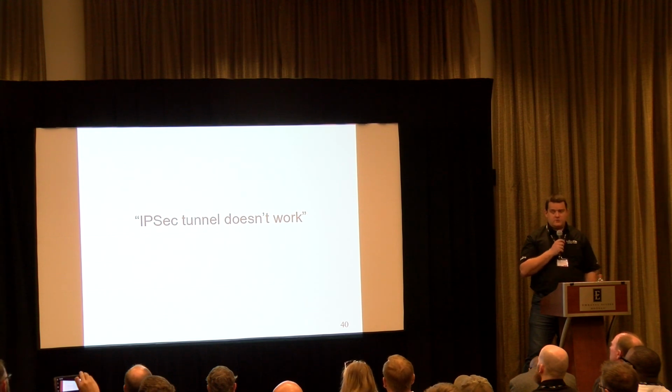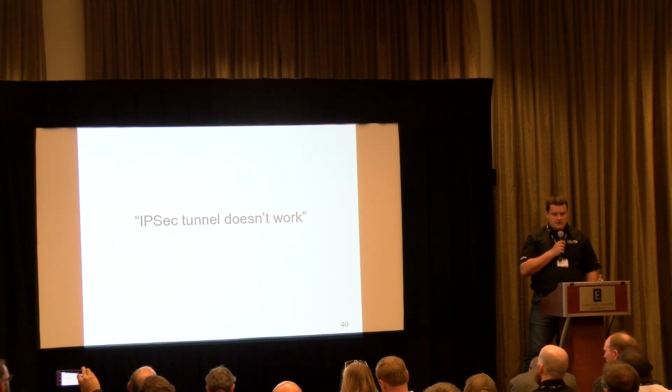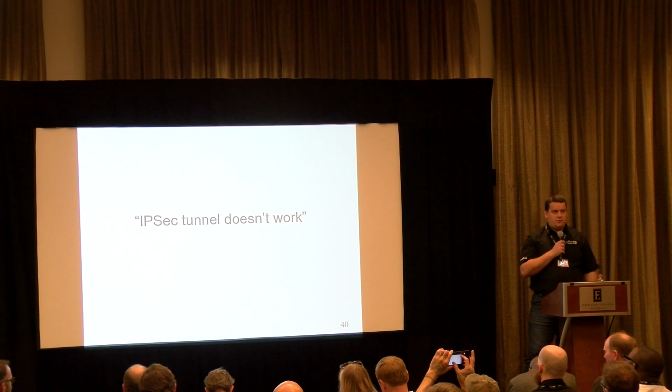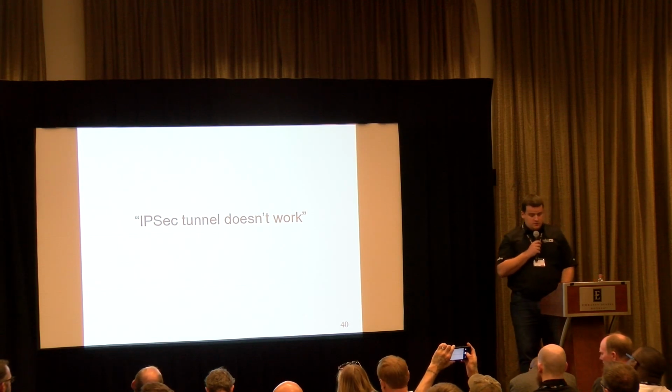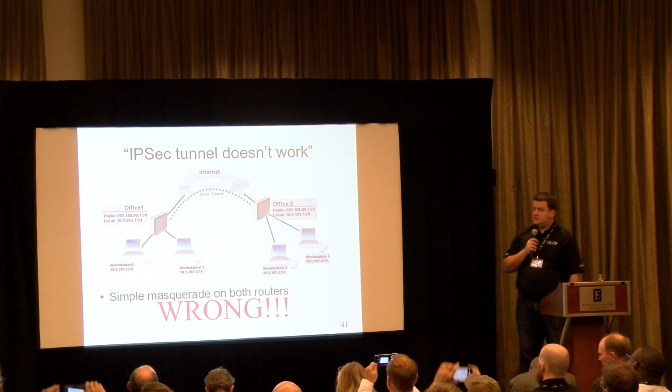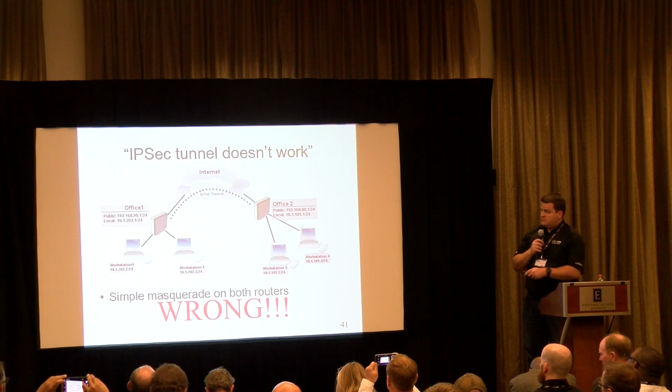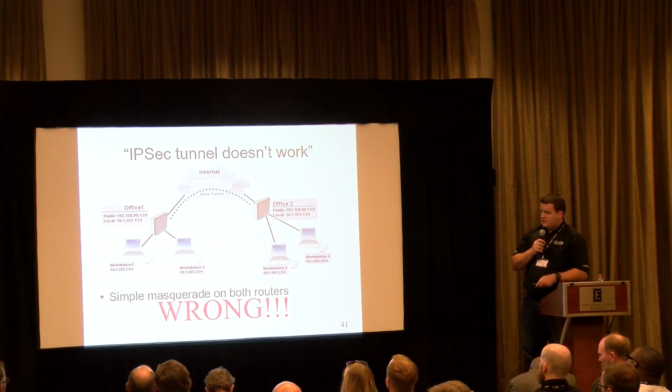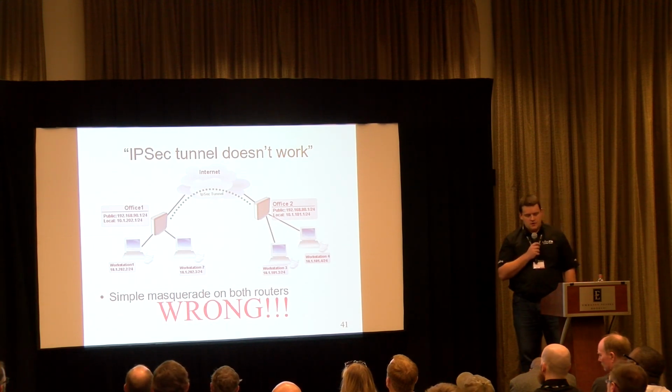Next one, also very popular lately: my IPsec tunnel doesn't work. Typical setup, two offices. You have one office, a second office, and an IPsec tunnel in between. A simple Masquerade rule on both routers, which is again wrong.